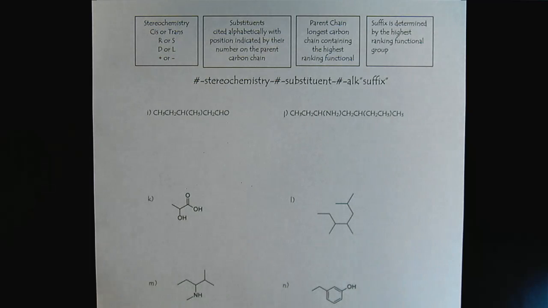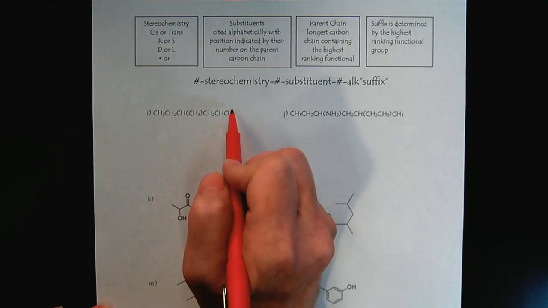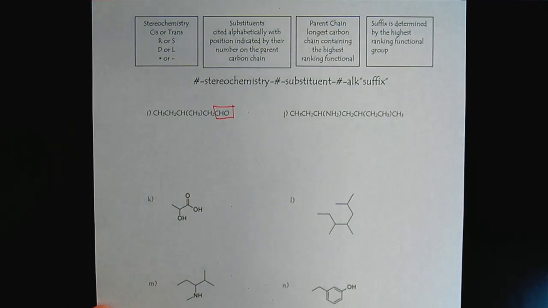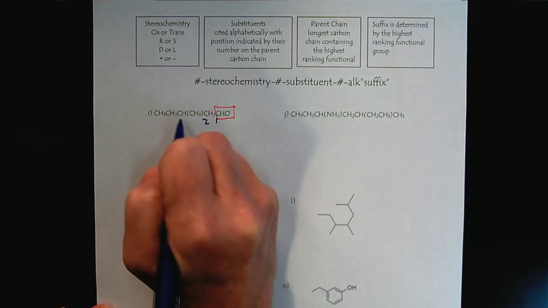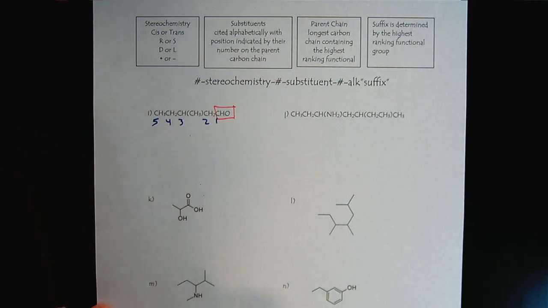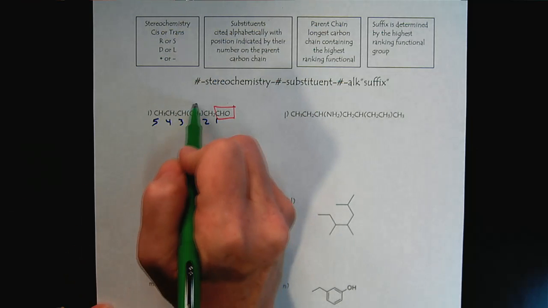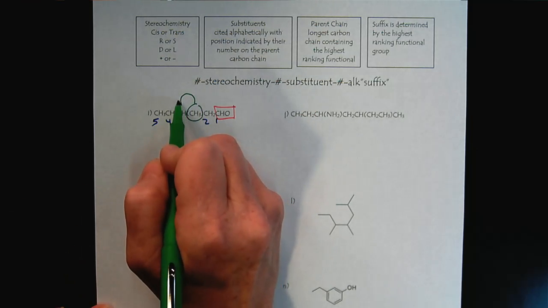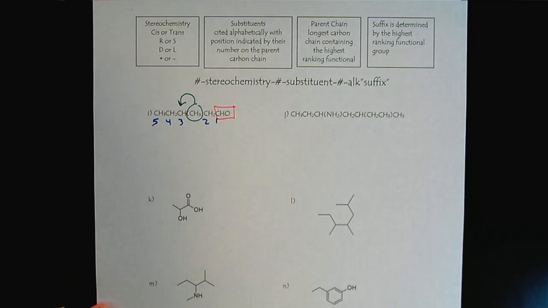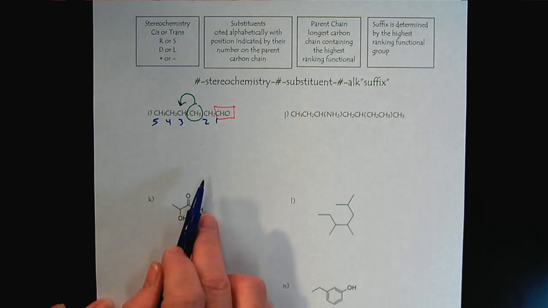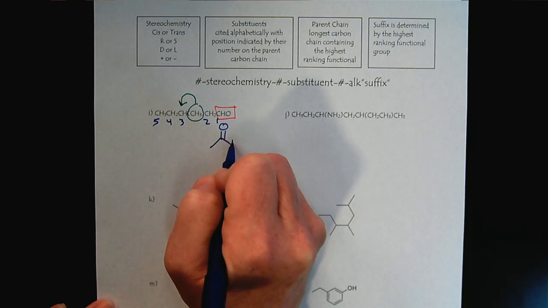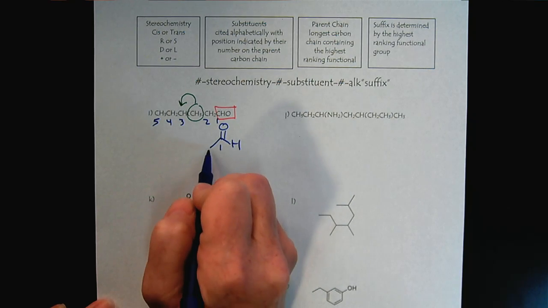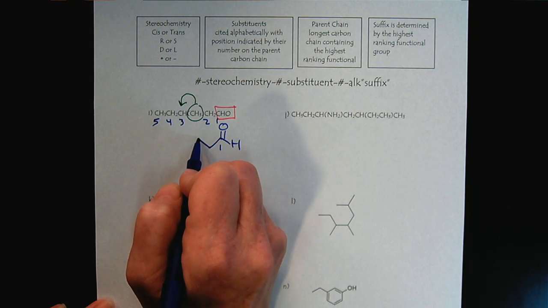Okay, so here's our buddy CHO again, the aldehyde, and 1, 2, 3, 4, 5. Recognizing here we have a small branch coming off of carbon 3. All right, so before we try to name this, let's make sure we have the structure correct. So there's our aldehyde coming off of carbon 1, 2, 3, 4, 5.